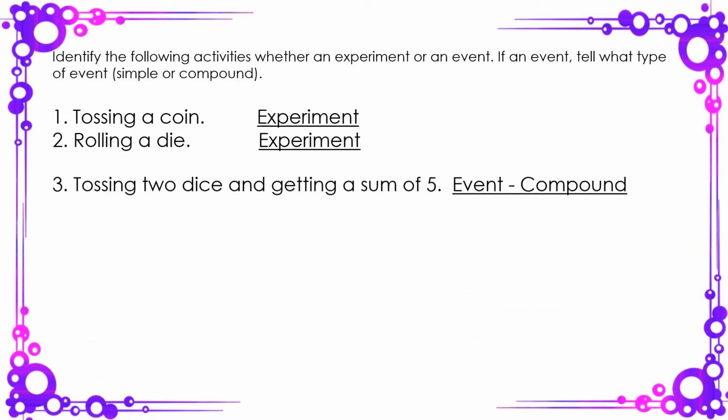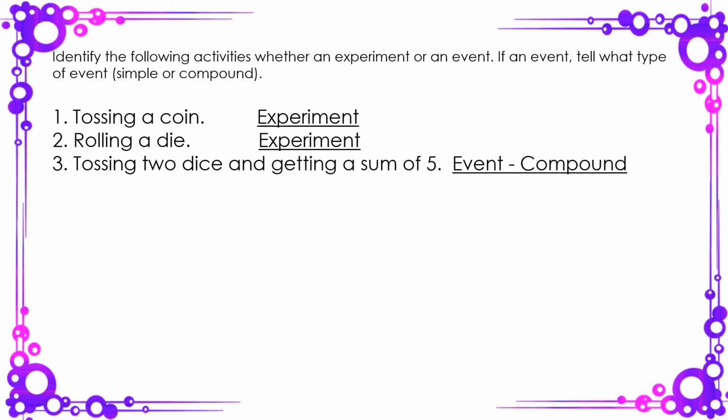Number 3, tossing 2 dice and getting a sum of 5. So you can see here that we have an experiment, tossing 2 dice, and there is a specific outcome that it wants, getting a sum of 5.